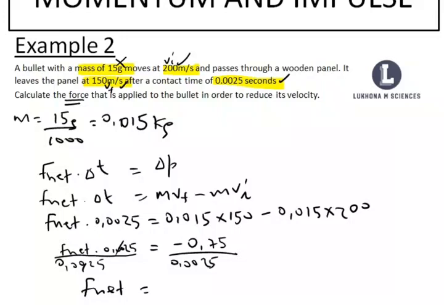So the answer is negative 300 newtons, which is equal to 300 newtons backwards.